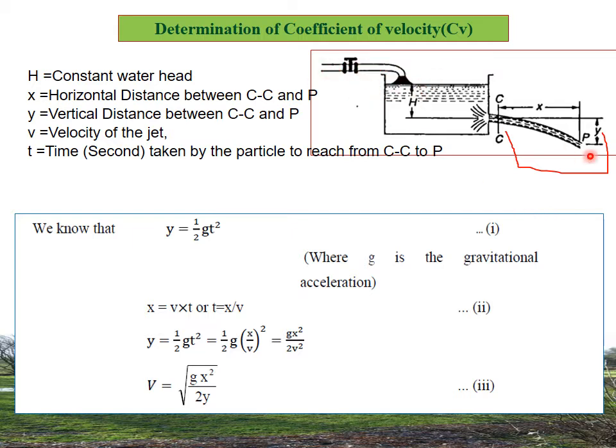This is the water supply tank, this is the tank or vessel, this is the measuring tank, and this is the orifice fitted at the bottom side. This is the vena contracta. This is the water supply, and from the center of the orifice up to the water surface is H, the surface being the zero level.